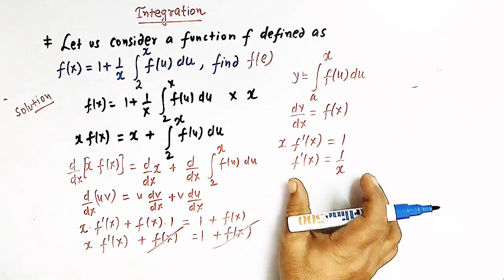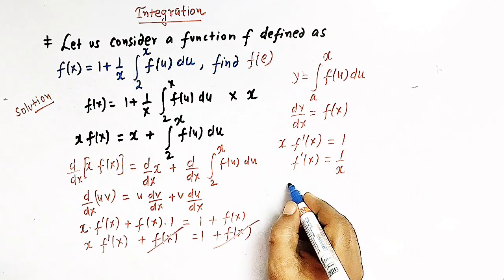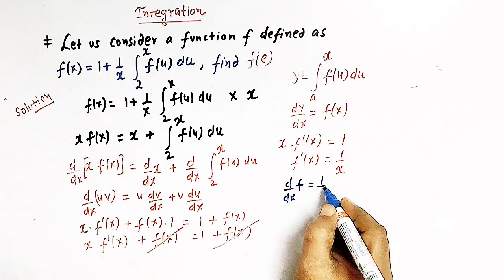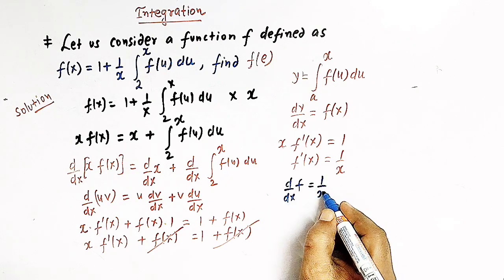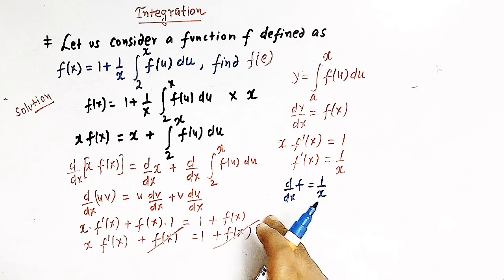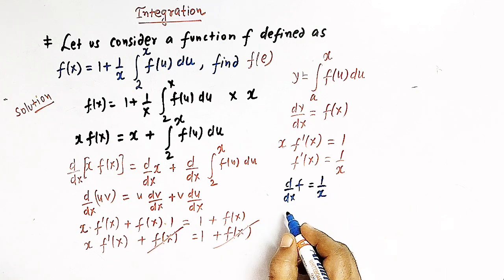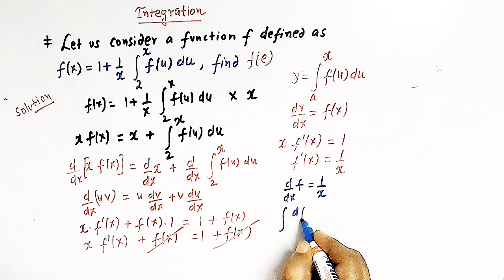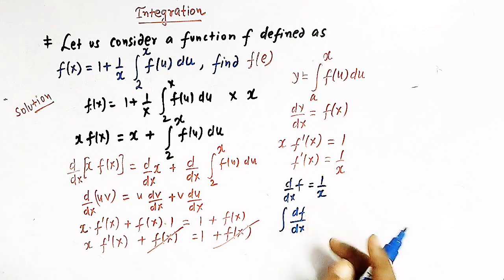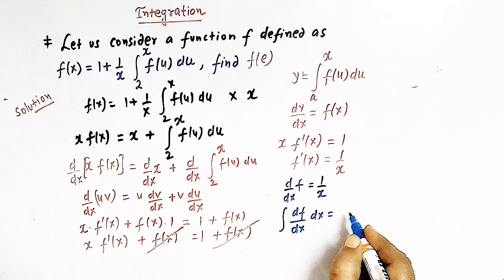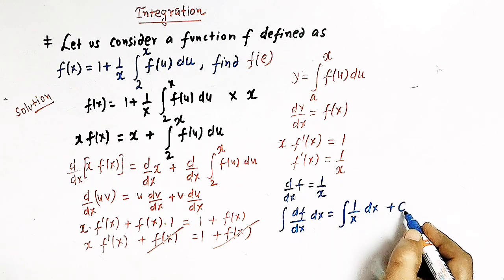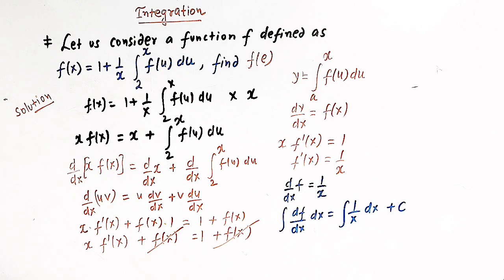So now we have a simple differential equation here, that is df by dx is equal to 1 over x. So we can simply integrate both sides with respect to x. So we have the integral of df by dx dx equal to the integral of 1 over x dx plus c. c is the constant of integration, right?